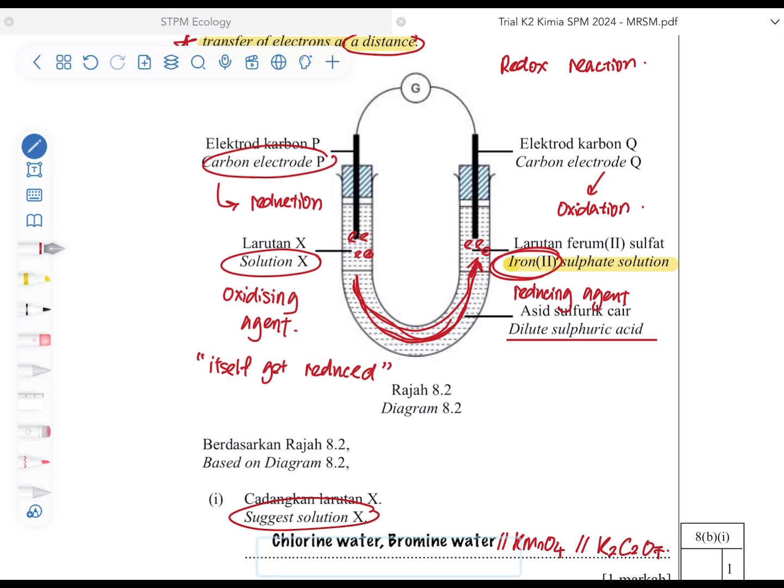So Fe2+ will lose one electron and become Fe3+ plus 1 electron.